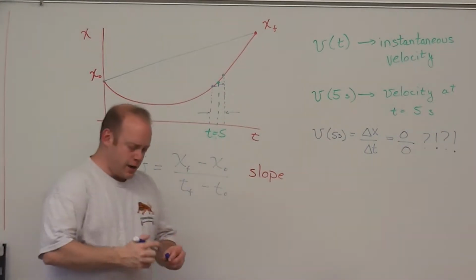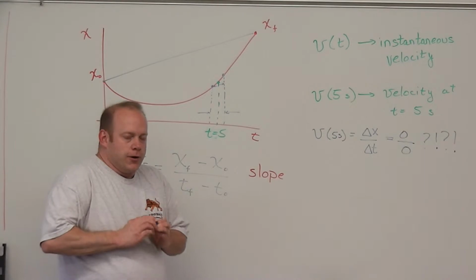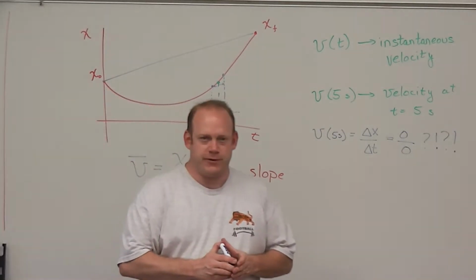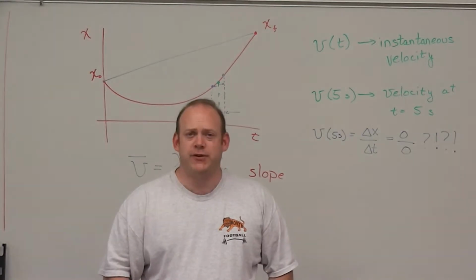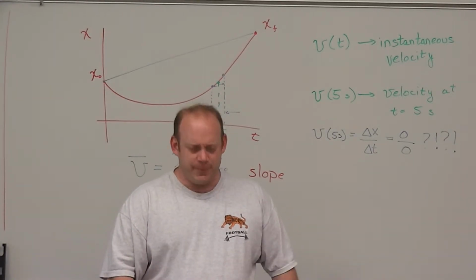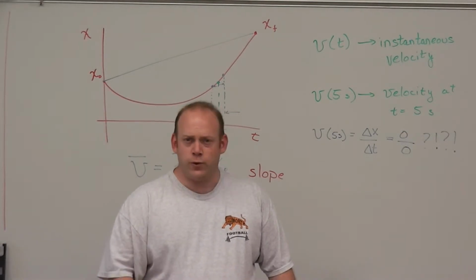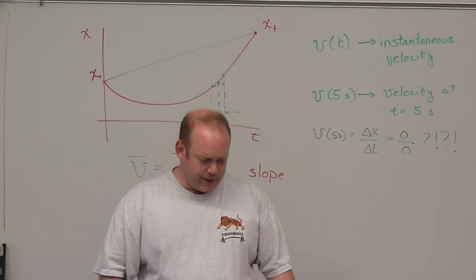Okay, and I say, what can be done? This is where calculus comes in. And this was one of the great triumphs of the human mind back in the 17th century, with Leibniz and Newton being really big in this. And it was the introduction of limits.